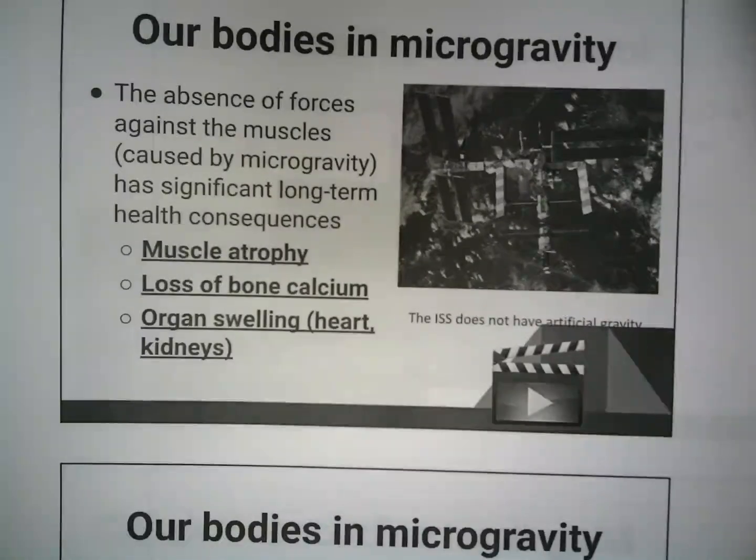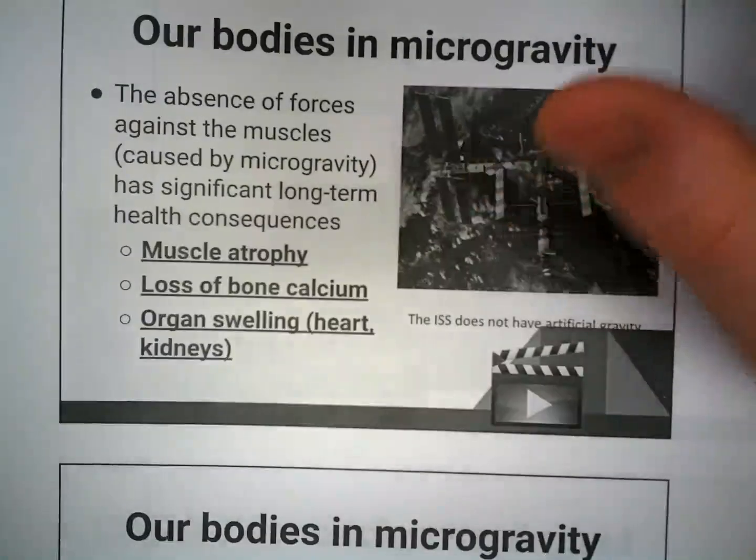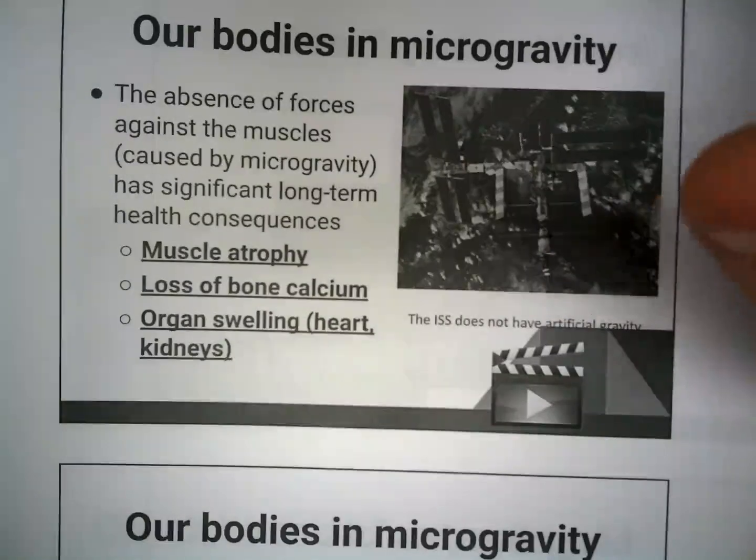So space travel: we have to understand that gravity plays a huge part in space travel. Arguably, it's the most difficult thing that scientists have to account for, because large objects have a lot of mass, and all of that mass has a gravitational pull, and we have to know how to swerve around it and how to use it to our advantage.